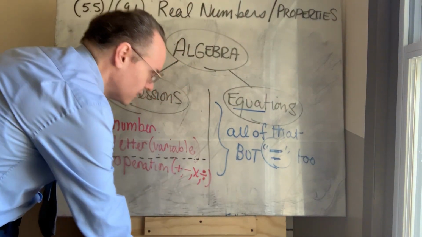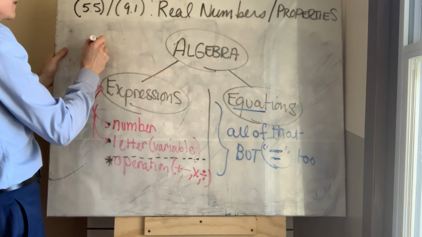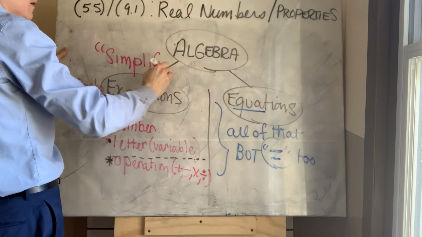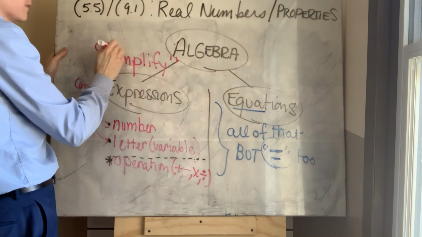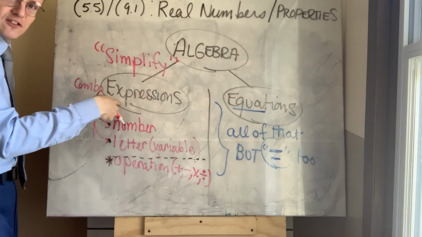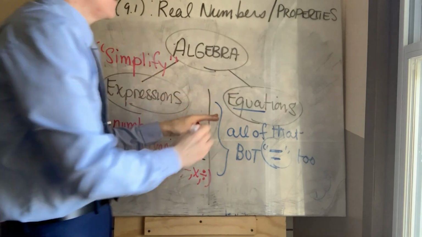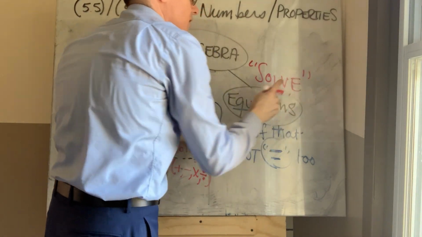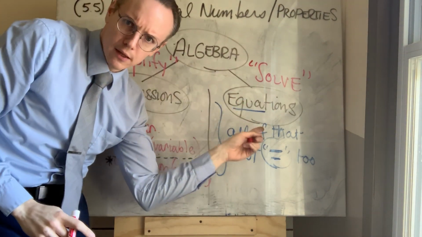To solve, well, first of all, the instruction of simplifying, or to simplify, implies this, all right? The instruction of solve should be reserved for implying this, equations.